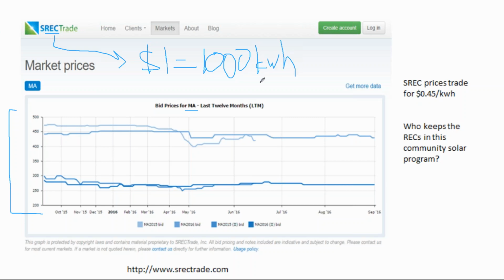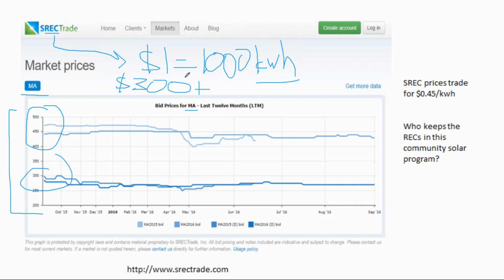And this is not the value of the kilowatt hour itself, it's the value of the green credit on top of that. So in Texas, these credits are so overabundant because the green purchase requirements are very low and the supply of green energy is very high that you get a surplus of credits and the credit prices are next to nothing. In Massachusetts, the credit prices for the same green credit can be over $300.